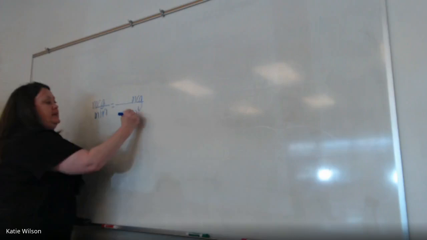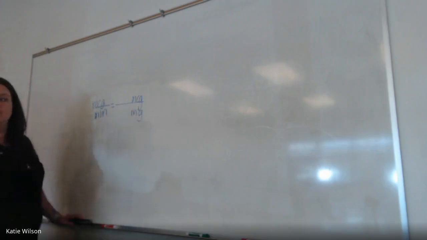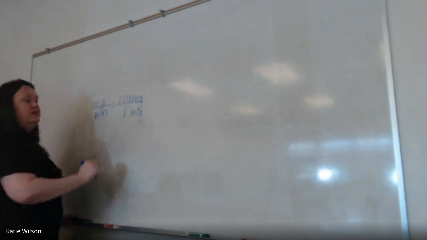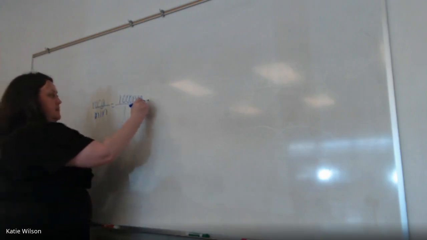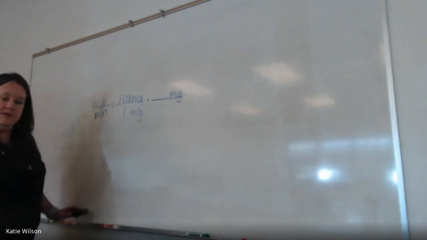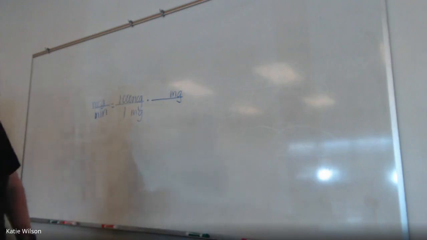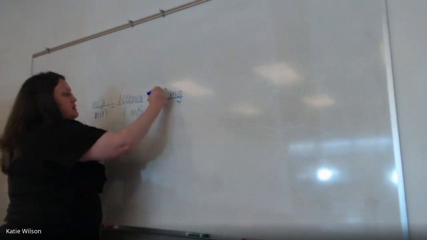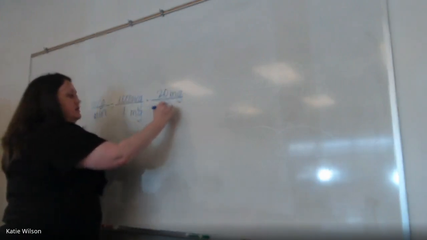Okay, so we need a microgram to milligram conversion. So I know that there's 1,000 micrograms to 1 milligram, right? So now, what does it tell us about milligrams? There is 20 milligrams contained in 100 milliliters.